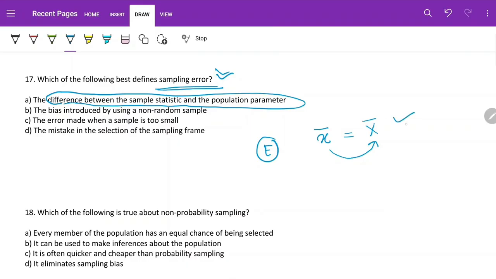If there is some difference between the population parameter and the sample statistic, the difference is known as error.